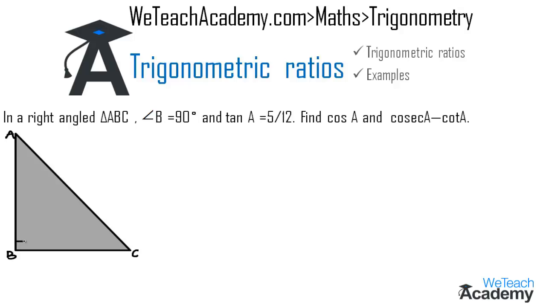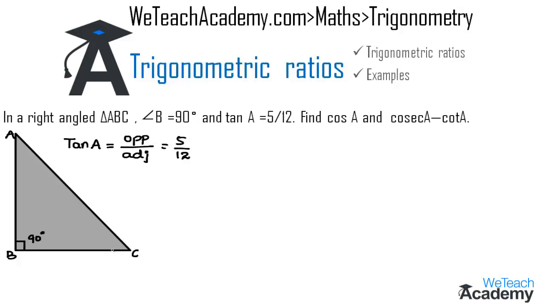So we get the angle at vertex B as 90 degrees and given tan A is equal to 5 by 12. The definition of tan A is opposite side by adjacent side, which is equated to the given value of tan A, 5 by 12.